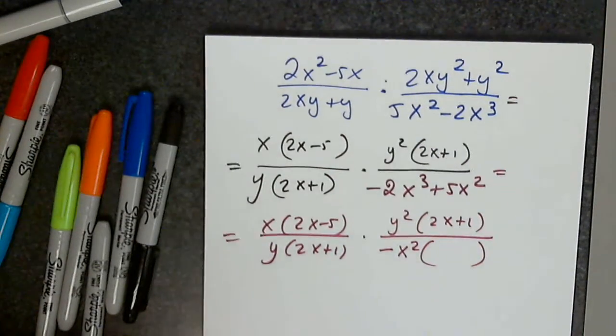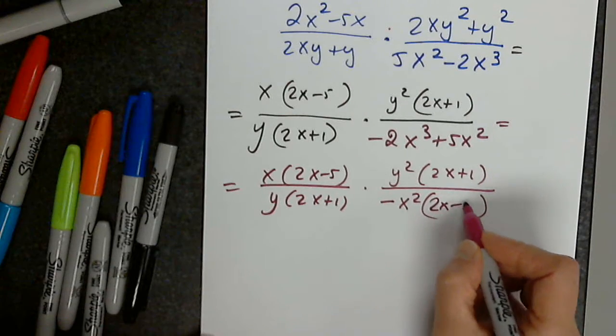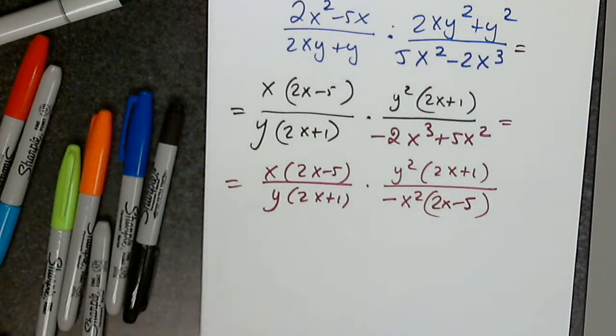And what is left in parentheses? 2x. You understand how important it is to factor out this negative leading coefficient, because then you will never be able to simplify these two. They will not be the same, right?